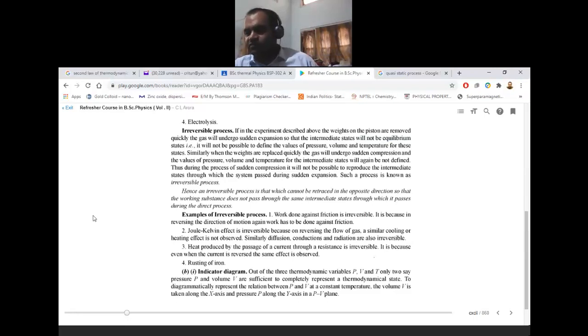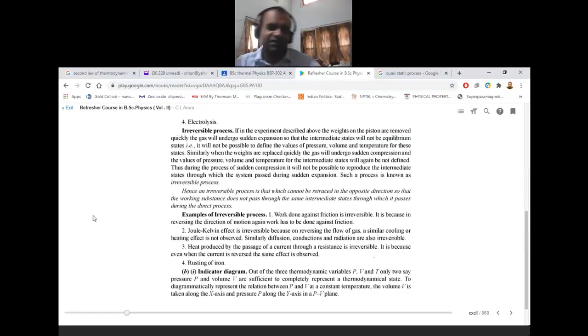So heat will be involved, and therefore this process will not be in thermal equilibrium. If friction is present, work done against friction is lost as heat.